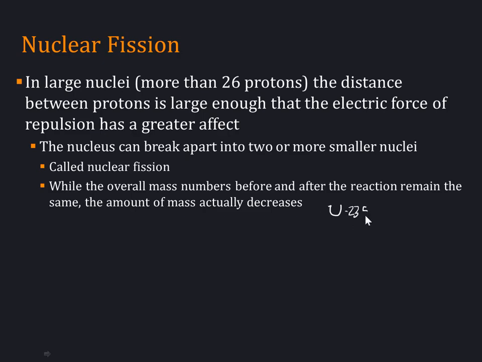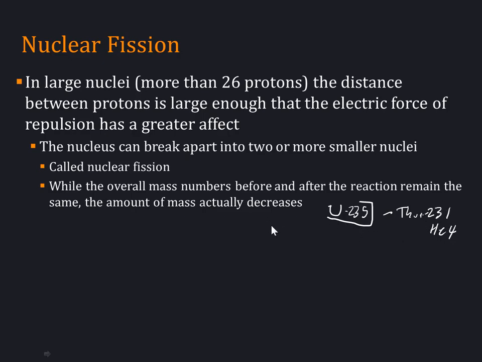When it breaks apart, I think it goes to thorium-231, and then you also get helium-4. That adds back up to 235 total nucleons, but the actual mass goes down. So one atom of uranium-235 is actually going to have more mass. It's going to weigh more than these two things together.